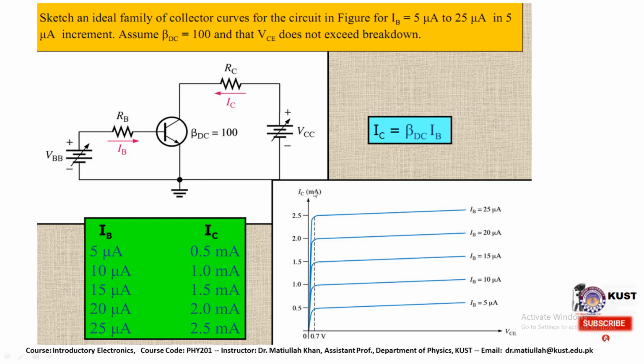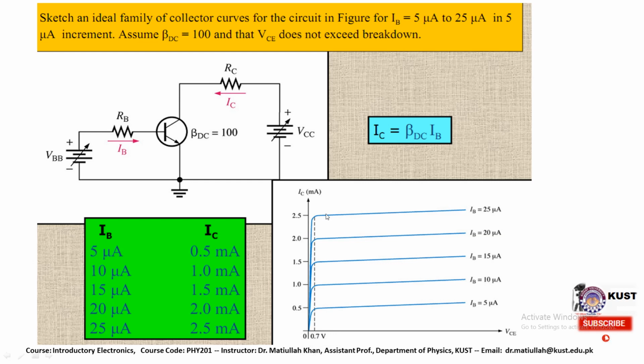What collector characteristic curve should we have for this system? On the vertical axis we have the collector current, measured in milliampere, and on the horizontal axis we have VCE, the voltage, and the minimum voltage we need for the creation of these curves is 0.7 volt.